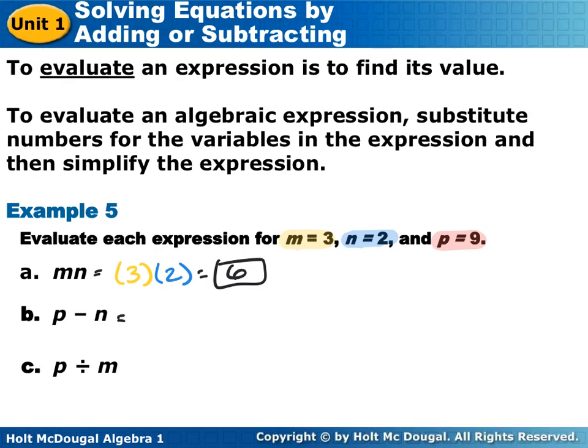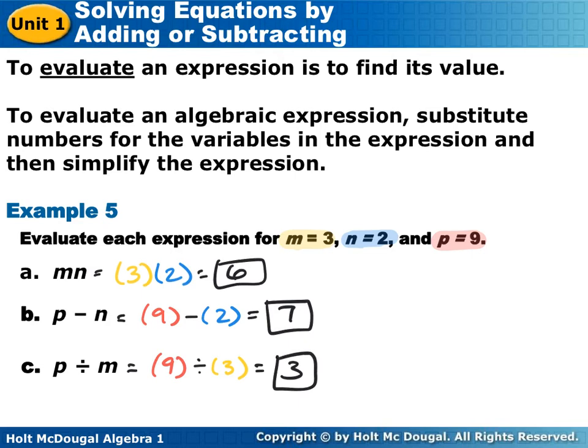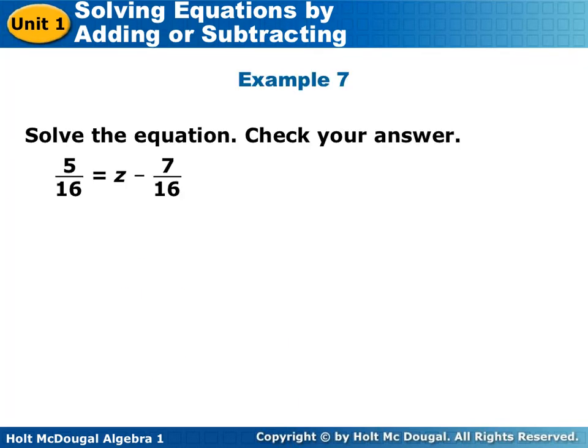They start with P, which is really 9, minus N, which is 2. 9 minus 2 is 7. All right. And then the last one, P divided by M, so it's really 9 divided by M, which is 3. Which gives you 3. Y'all got it? Okay? So that's what it means to evaluate.